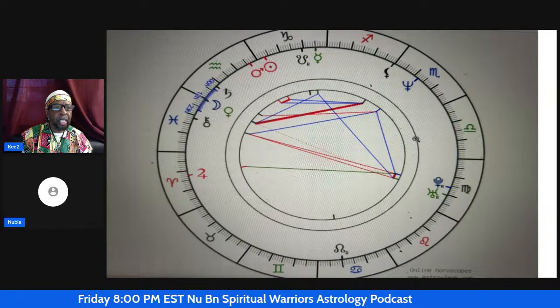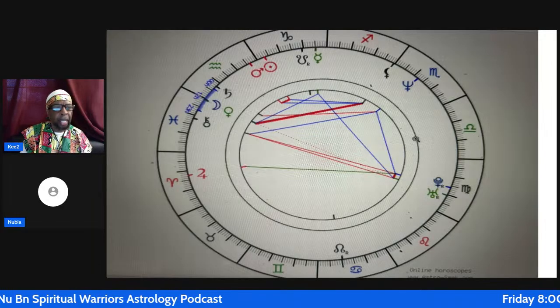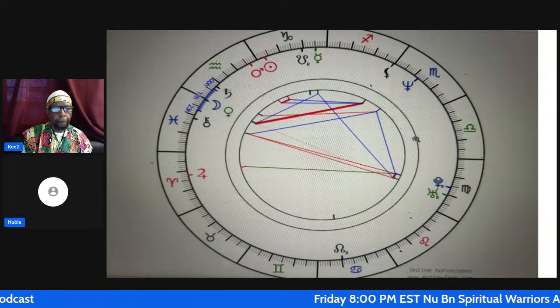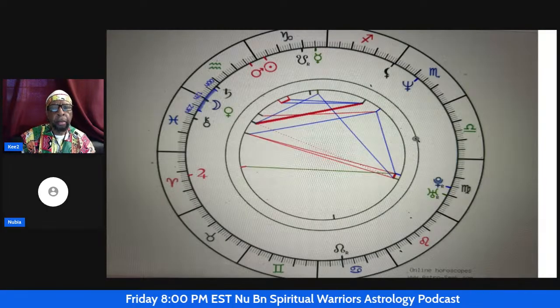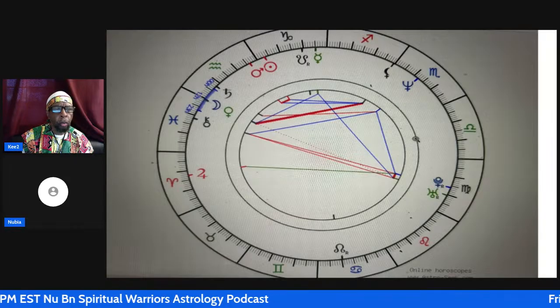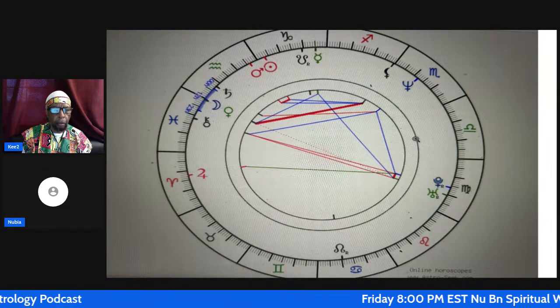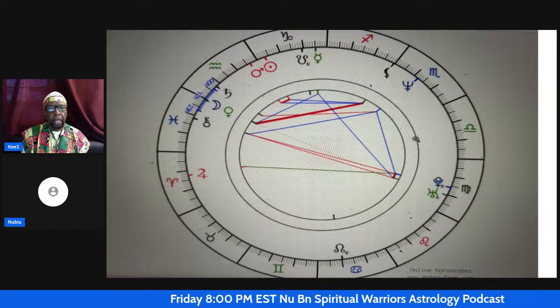Some students are kinesthetic learners. They got to get up and move around. They got to put their hands on it. They got to move with it. You see? So the same thing in interpreting a chart. There's no right or wrong way to do it. You just go with your style. And that's good enough.